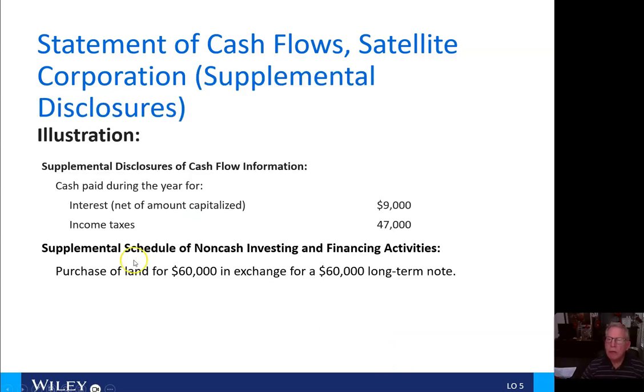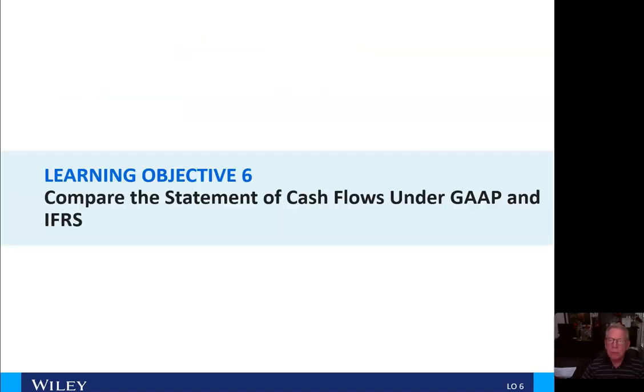And finally, the supplemental disclosures: the cash paid during the year for interest, the net amount capitalized, was $9,000, and income taxes was $47,000. So our supplemental schedule of non-cash investing and financing activities would include this purchase of land for $60,000 in exchange for a $60,000 long-term note.